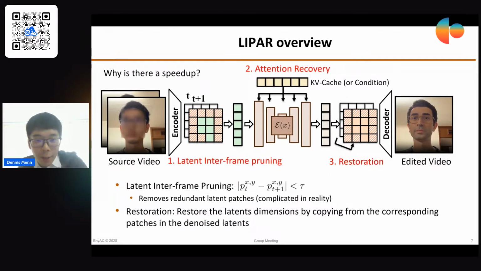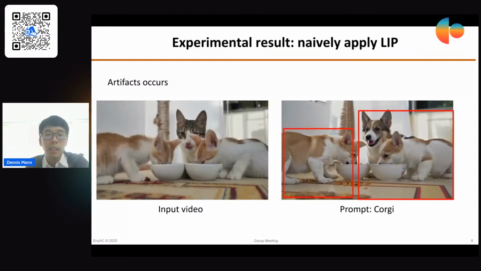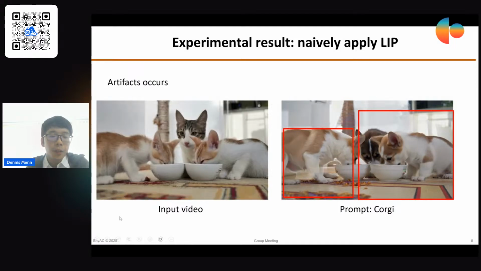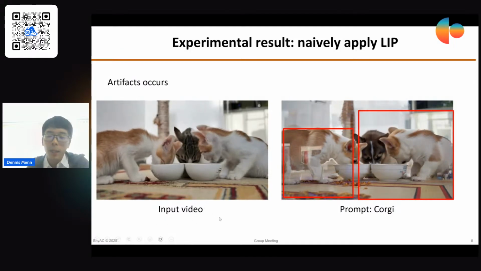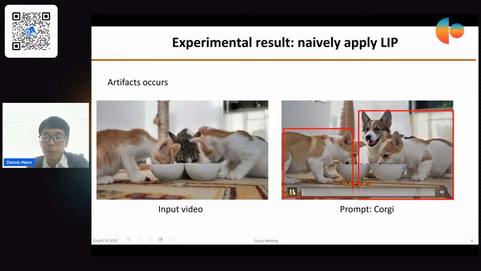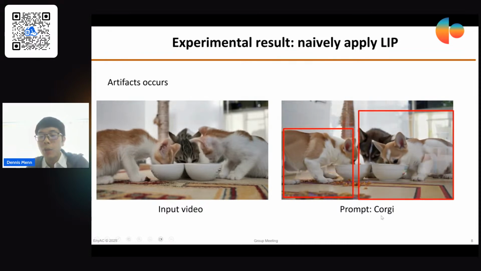Okay, so naively applying latent inter-frame pruning and restoration will actually result in artifacts. The video on the left is the input video, whereas the video on the right is the edited result. And the problem is actually quite obvious.